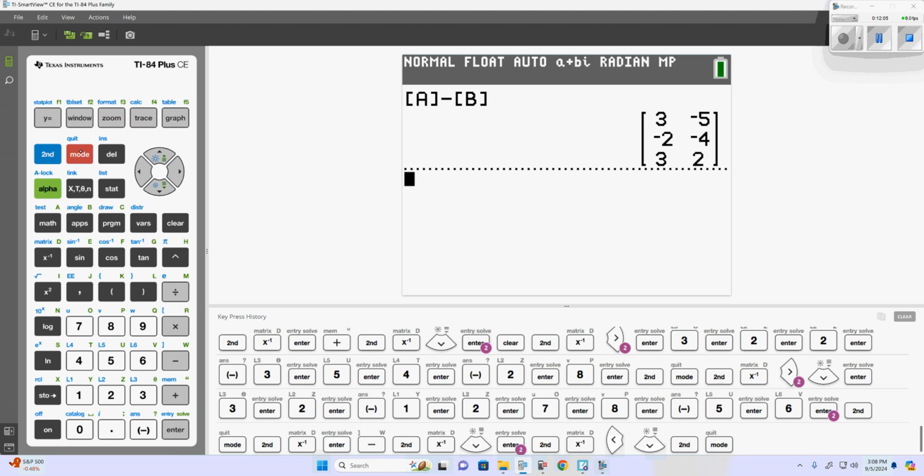Second row left to right, -2, -4. Third row left to right, 3, 2. They would want you to specify each one, which is technically how you should do it, because otherwise you don't know what you're saying, but they're weird to pronounce. So this is a 3 by 2.